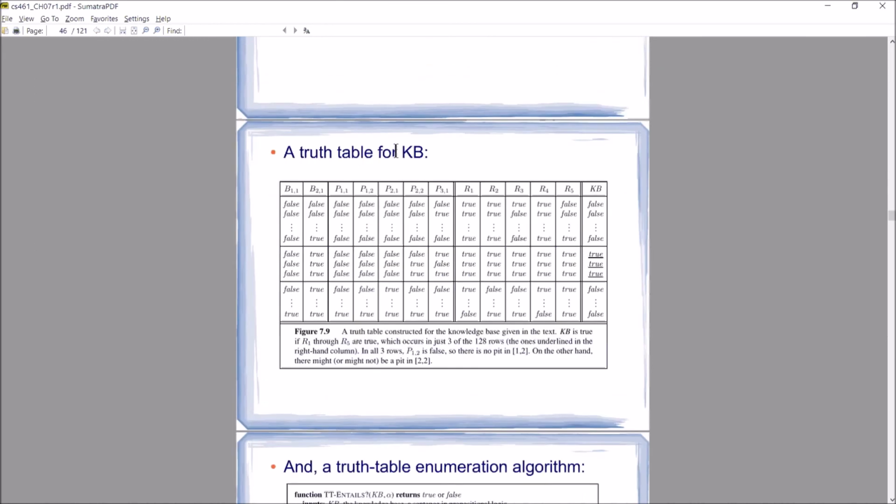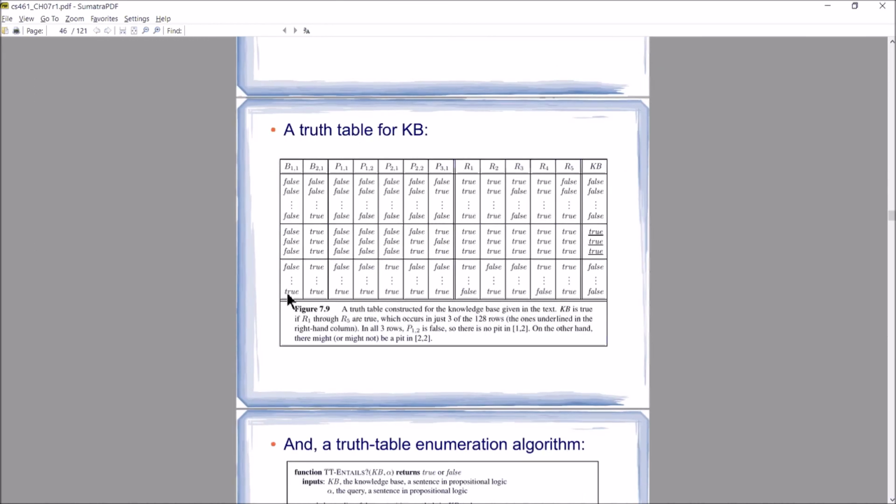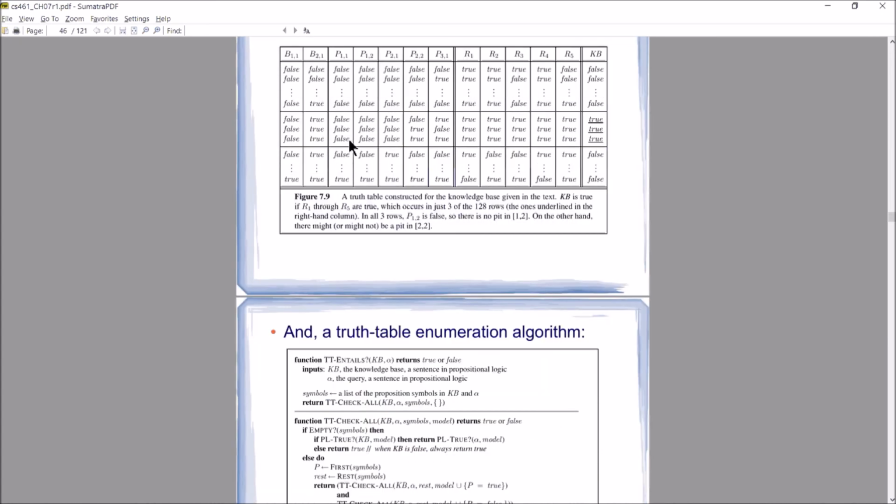There are 128 possible worlds, so you're not going to be able to fit that on one slide. But here are the different configurations of the truth values being assigned to those variables. Now, in only 3 of those worlds is the knowledge base going to be true, as we were just saying. So you draw your conclusions based off of these values.